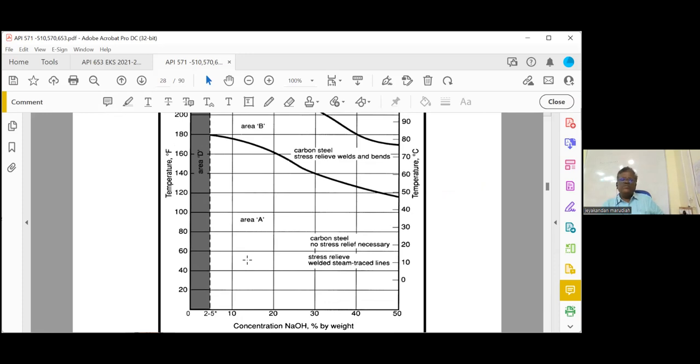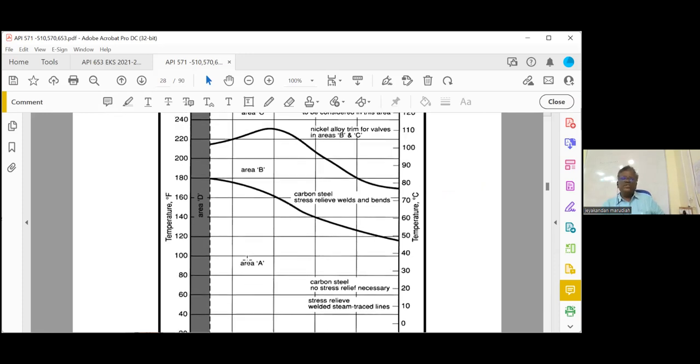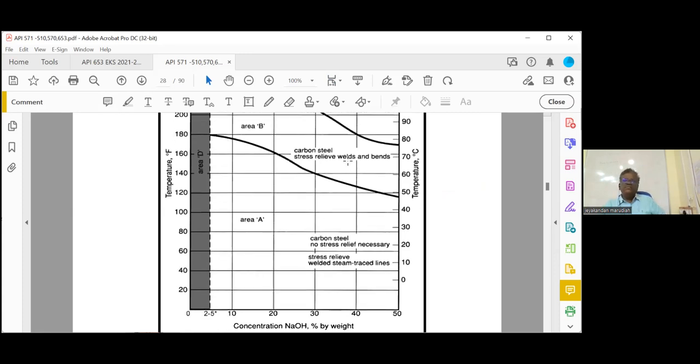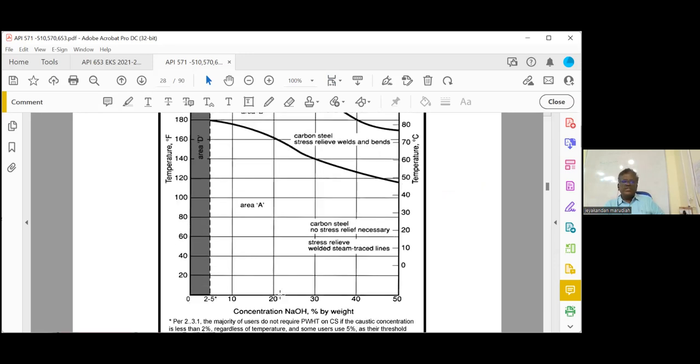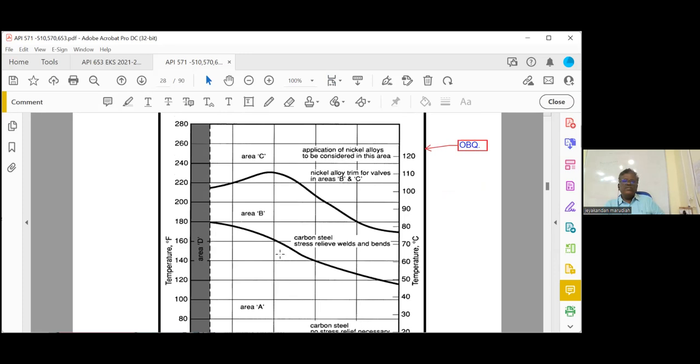If they ask for caustic concentration 20% and the temperature 200 degree Fahrenheit, which of the following material should be used to prevent caustic SCC? So which material? Carbon steel with the PWHT, stress relief. So you can see 20, 200 will come in area B, carbon steel with the PWHT. So you have to match this 20 with the 200 here.